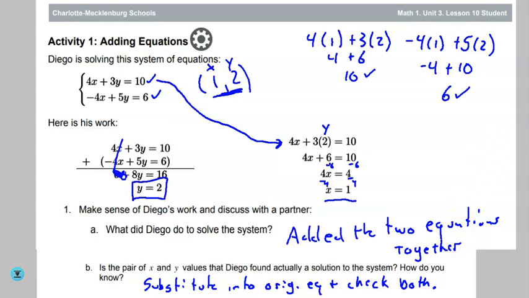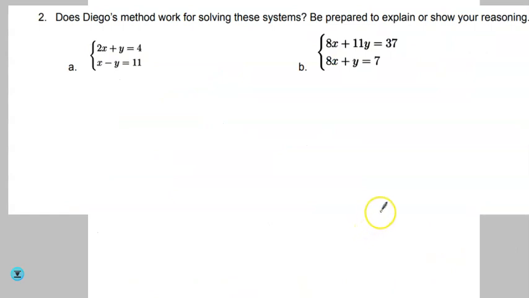So for your activity 2, use his method, and remember you can add the equations together or you can subtract, whichever one benefits you. So try A and B and see if you can get solutions to those.